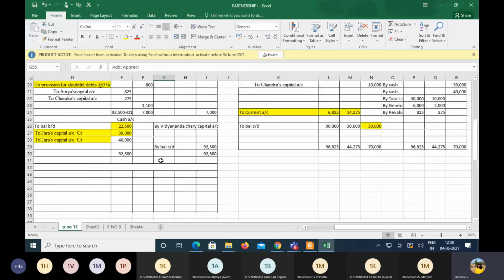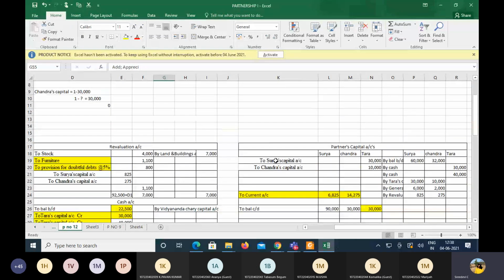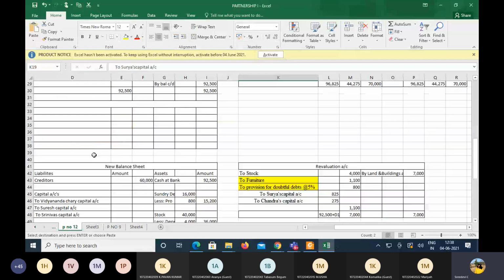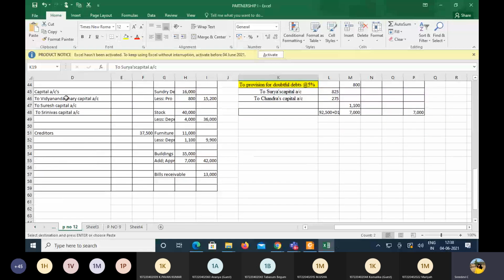Now coming to the capital accounts. What are the capitals here? The capital accounts of Surya, Chandra and Tara. Let's take it in the balance sheet.